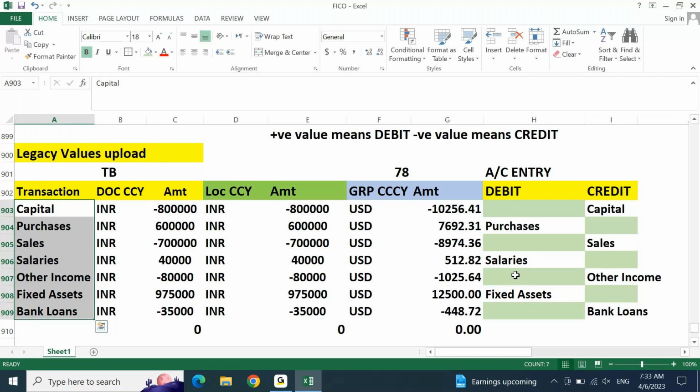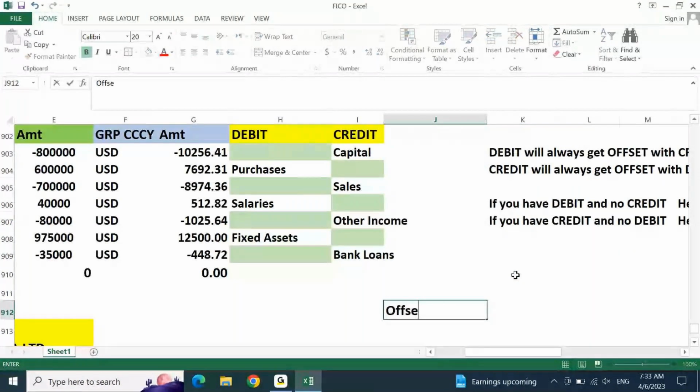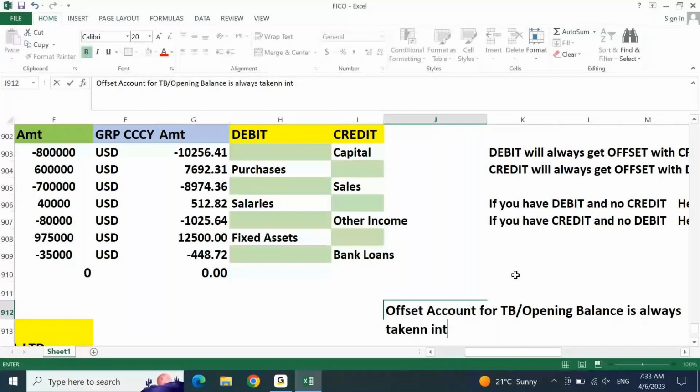This missing side, the offset account for the TB or opening balance, is always taken into which account?